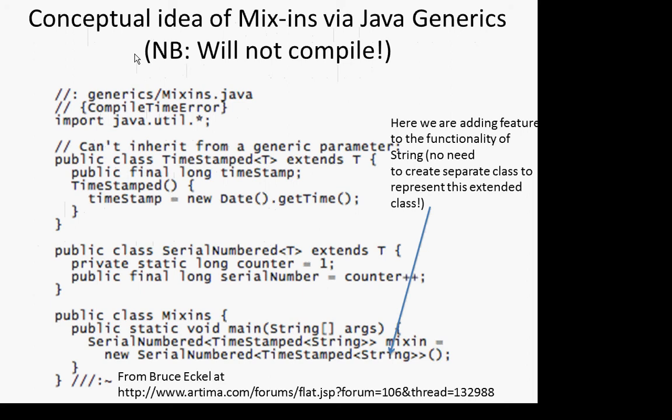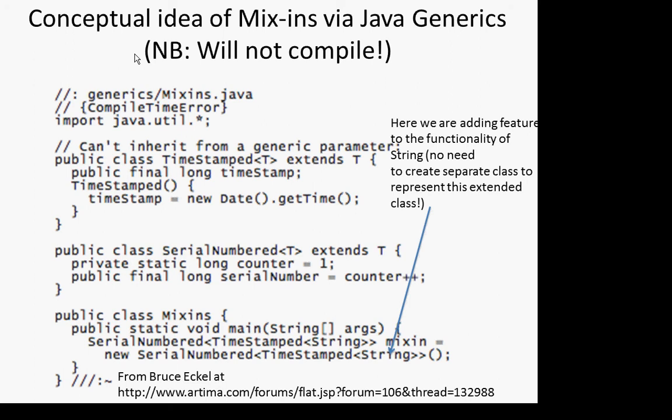Here we have the timestamp class, and the idea is we're going to be able to say something like timestamped of some class, using generics as a type parameter. So timestamped of string, for example. And that would give us a class which now has this ability to store timestamps. As soon as it's created, it remembers when it was created, and then, though it's not shown here, we could ask it what its timestamp is.